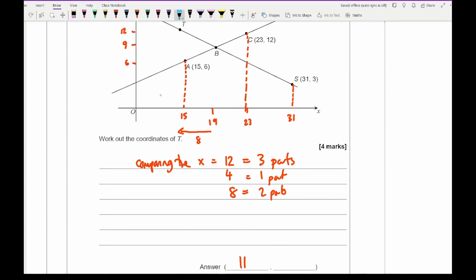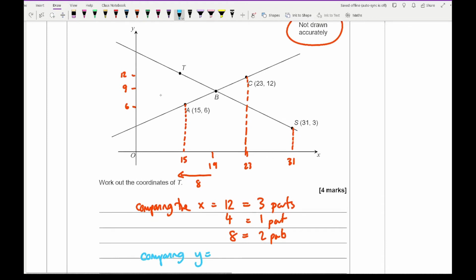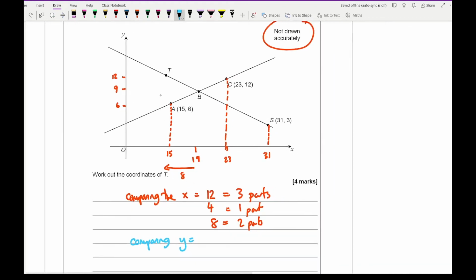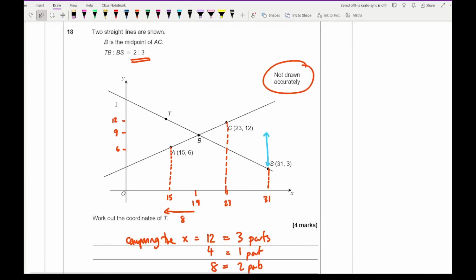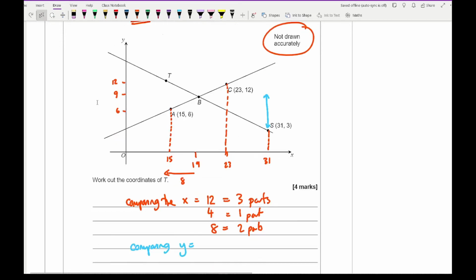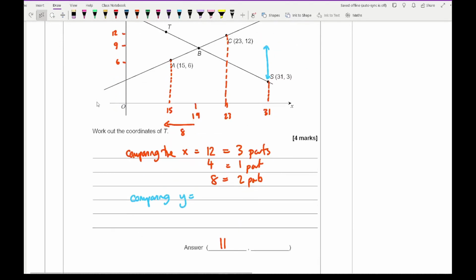Then we repeat the same, but this time for the y ordinates, so here I'll write comparing y. Let me just move it up slowly and zoom out so you can actually see that there. So looking at this in terms of comparing the two y ordinates from T to B, we know that B to S, the difference between the points is going to be 6, and we know that 6 equals 3 parts.